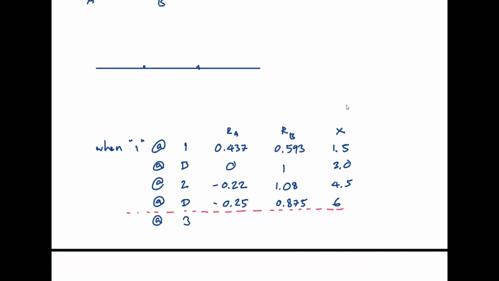You can use both equations and you're supposed to get the same MD, I suppose. So let's put another line here so that we can recognize that. And at 3, RA is minus 0.156. B is 0.484, am I right? Here is 7. Okay, now you do the job.